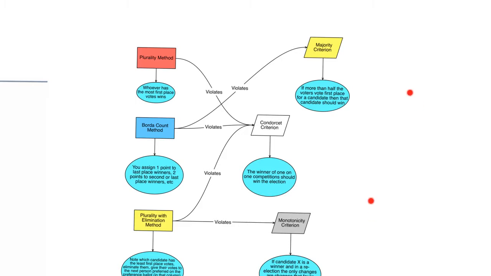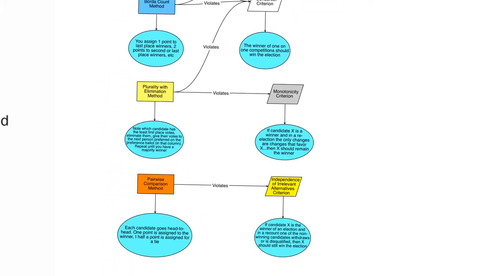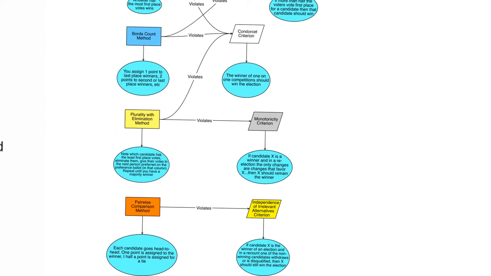Okay, so looking at the plurality with elimination method, that can violate the Condorcet criterion, and the plurality with elimination method could also violate the monotonicity criterion, as we actually saw. We demonstrated that.